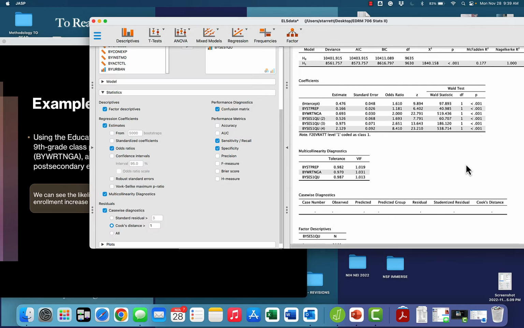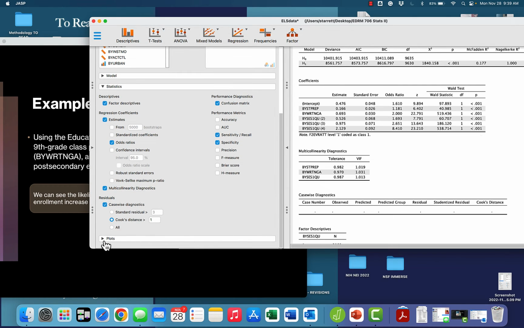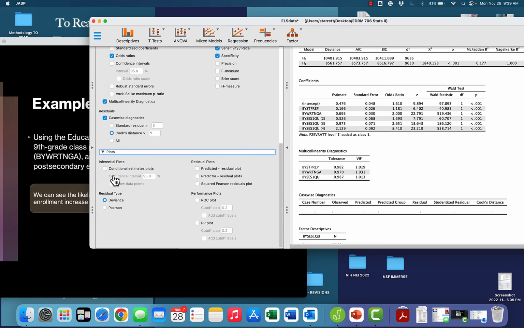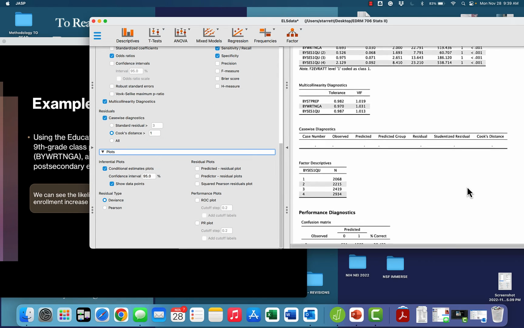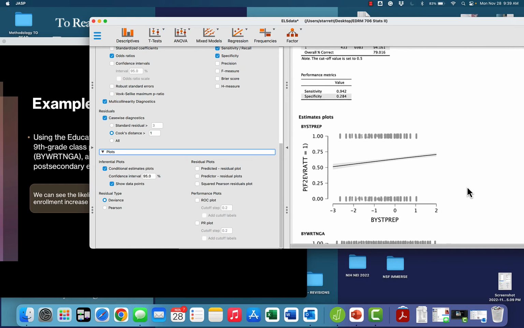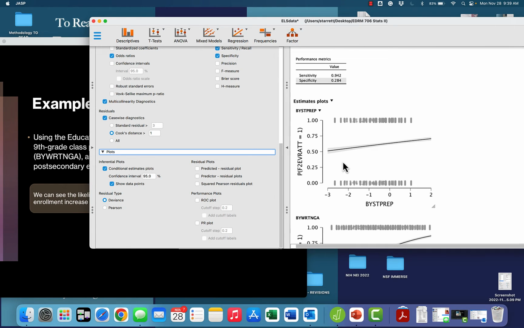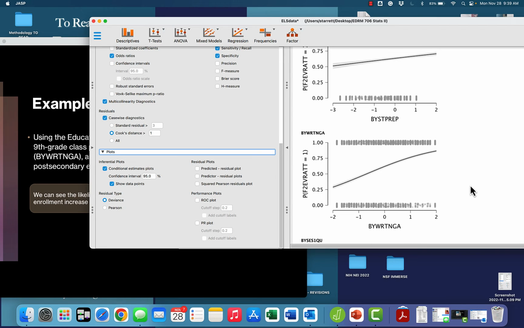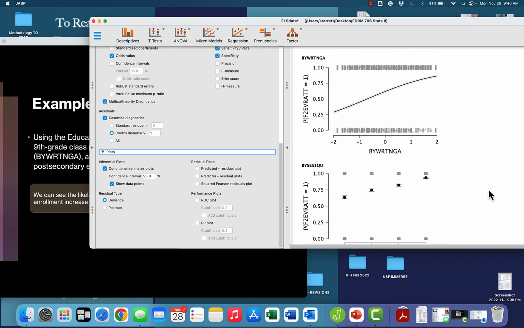All right, let's take a look at our plots. Let's go over to plots, and we want to check conditional estimates and show data points. We see a somewhat linear, somewhat increasing relationship here between student preparation and the probability of post-secondary enrollment. We see a stronger relationship with teacher-rated writing ability.